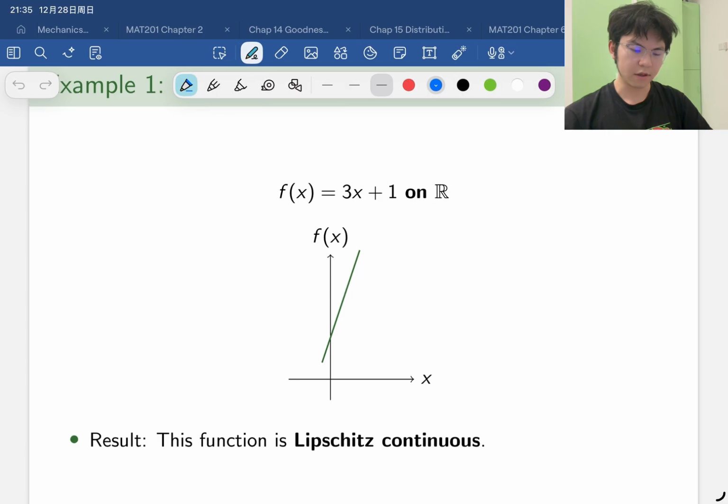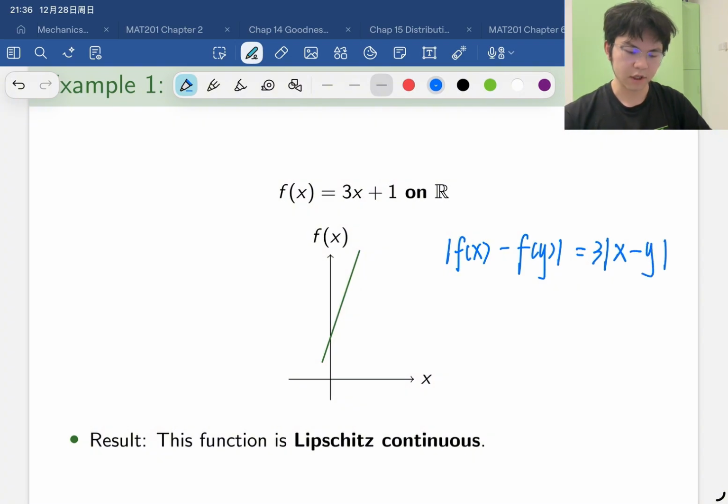We know the definition: the absolute value of f(x) minus f(y). In this case, it equals 3 times the absolute value of x minus y. Let me write out the step: 3x plus 1 minus (3y plus 1).